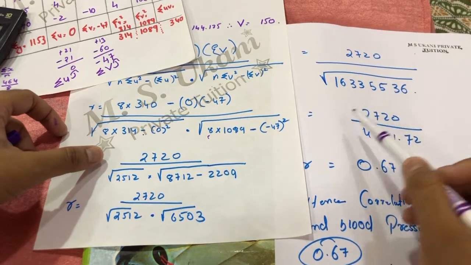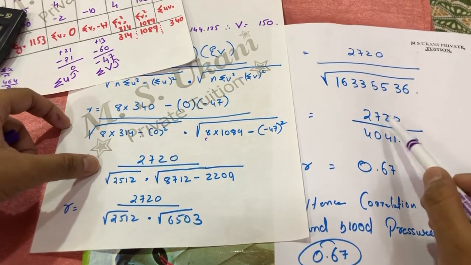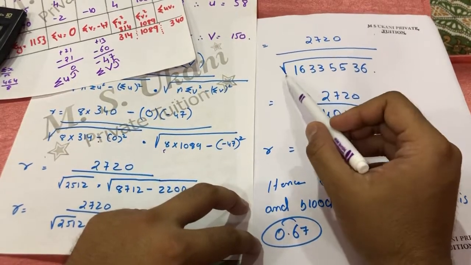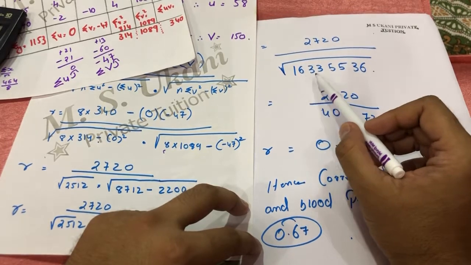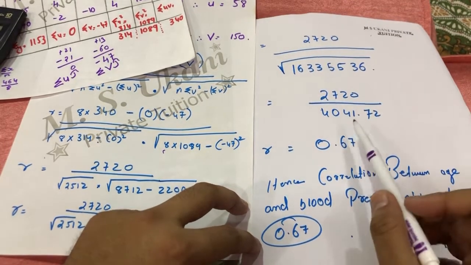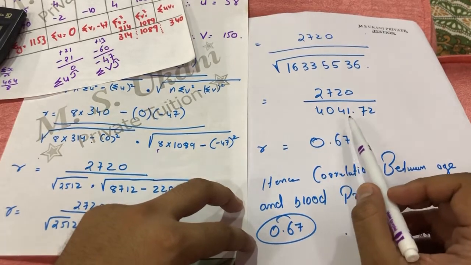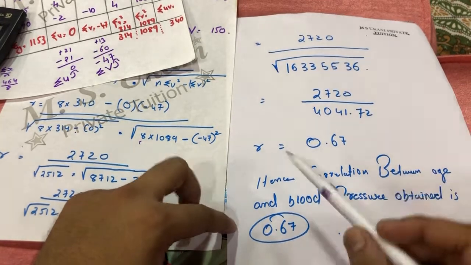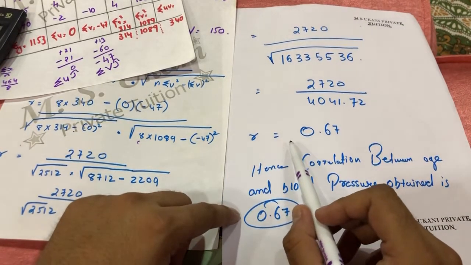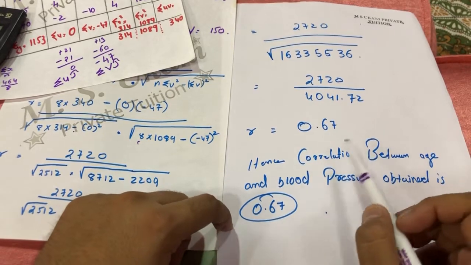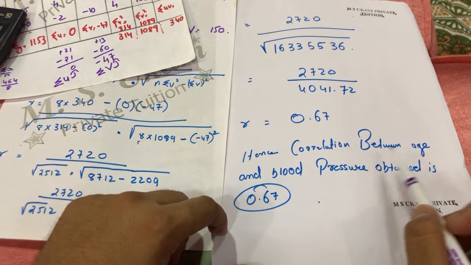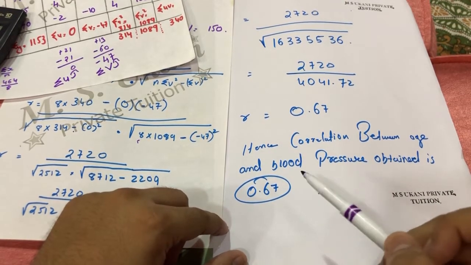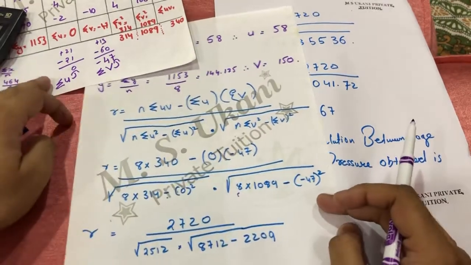Okay, after this step, again 2720 will be written like this, and we have to take out the square root of this number, that is 16335536. So we will get the answer 4041.72. And when you divide both the numbers, you will get the answer r equals 0.67. So hence the correlation between the age and blood pressure obtained is 0.67. So in this way we will do the sum.